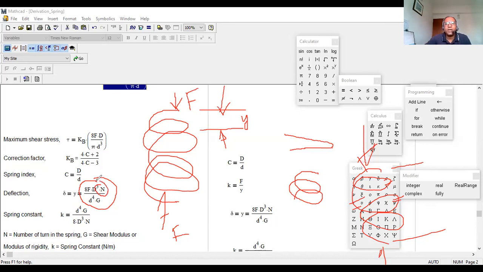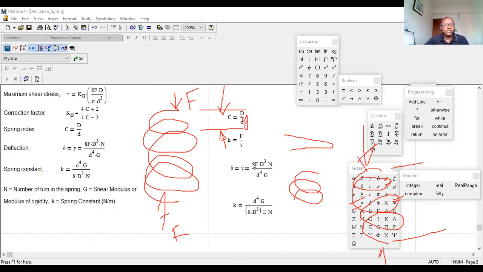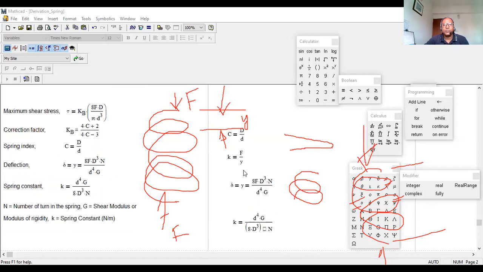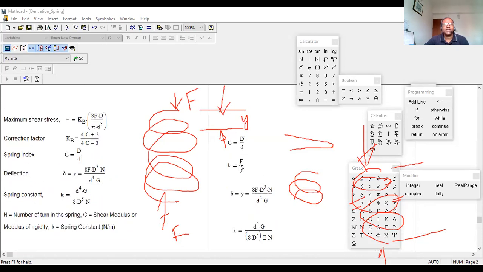So if you have the value of Y, the deflection, then what is the value of K, the spring constant? Spring constant K equals F by Y. What is F? F is the applied force on the spring.